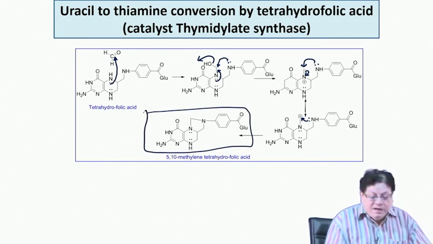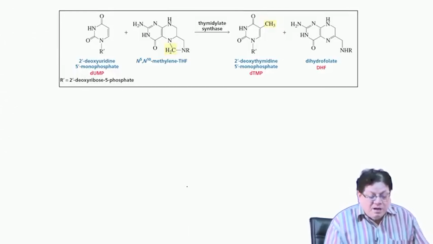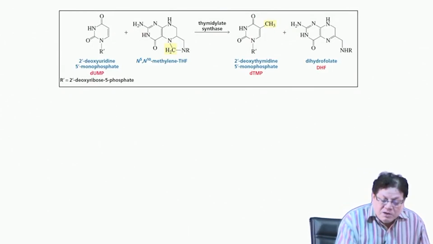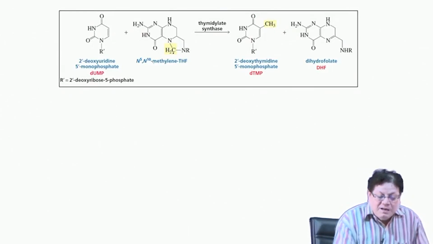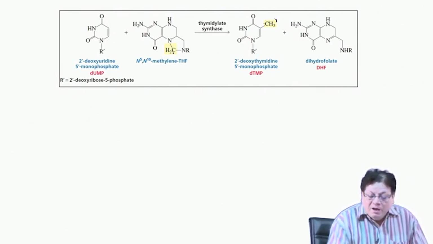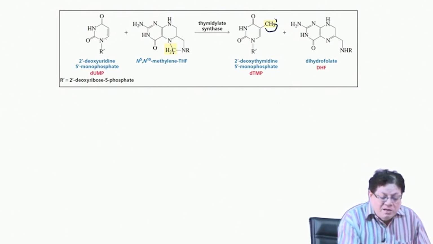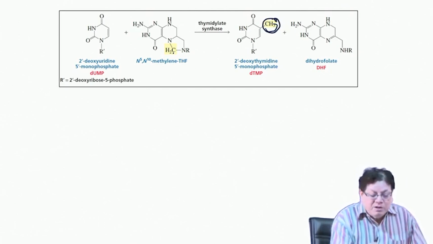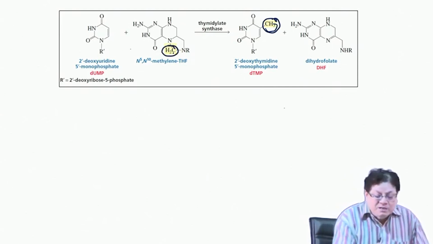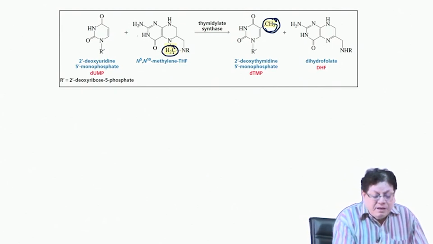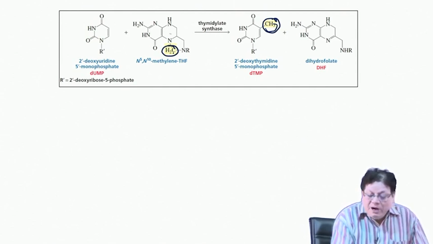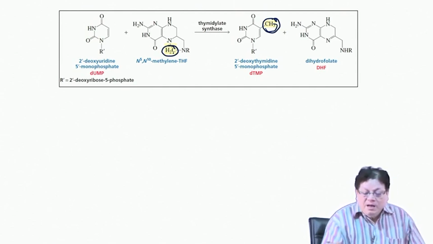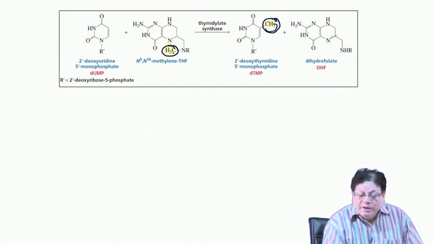Now, this methylene THF actually transfers this methylene into this uridine molecule, and this methylene means this carbon comes from this CH2, and in the process the tetrahydrofolate is reduced to dihydrofolate.